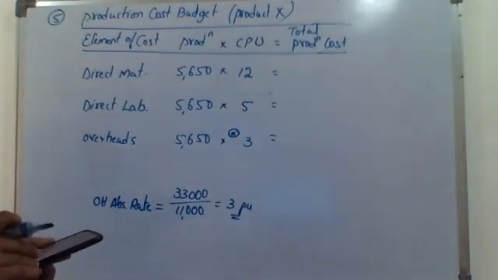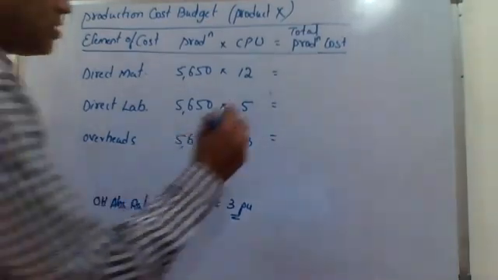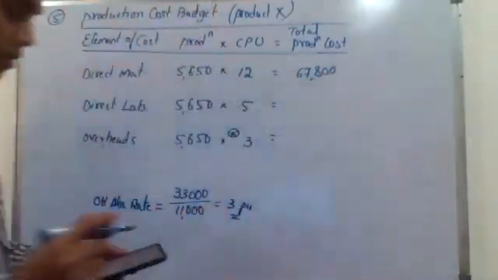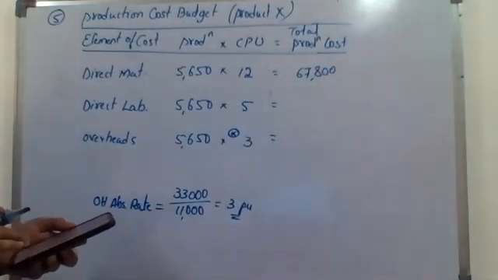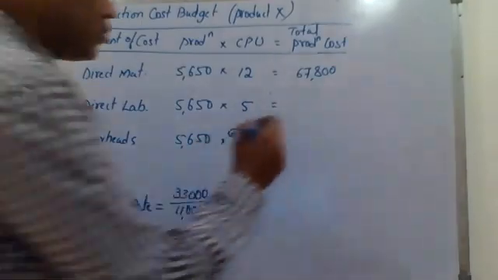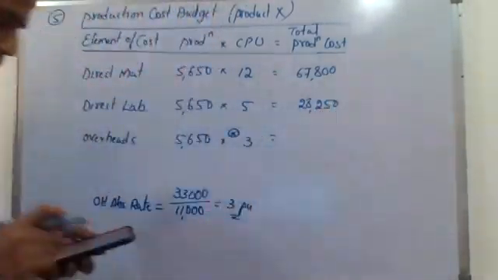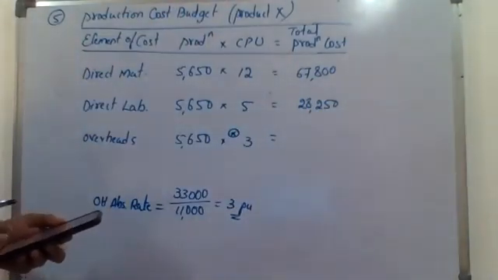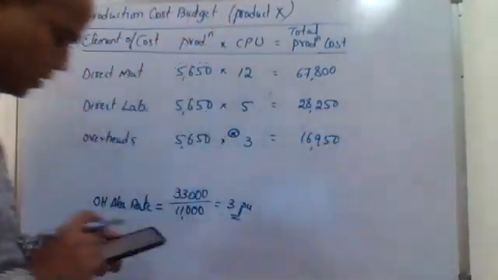Yes, I got it. 5,650 multiplied by 12 rupees is 67,800 rupees, which is needed for the material. 5,650 multiplied by 5 gives me 28,250 rupees towards labor, and 5,650 multiplied by 3 gives me 16,950 rupees towards overheads.